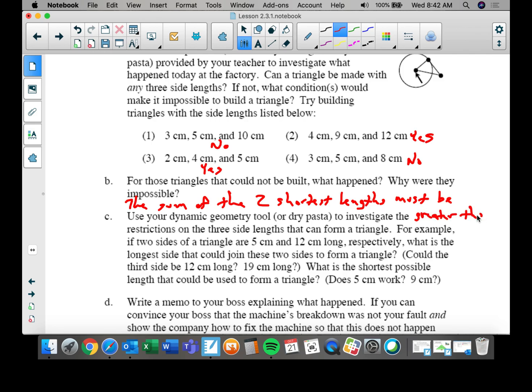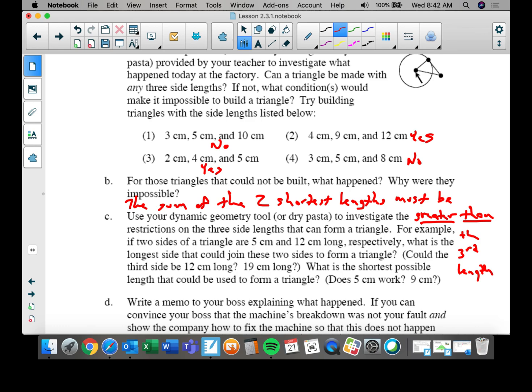There's our key part. It cannot be equal to. Even on that last one, notice we said 3, 5, and 8. 3 plus 5 only equals 8. It's not greater than 8, so it does not work. It must be greater than the 3rd side length, or the 3rd length.